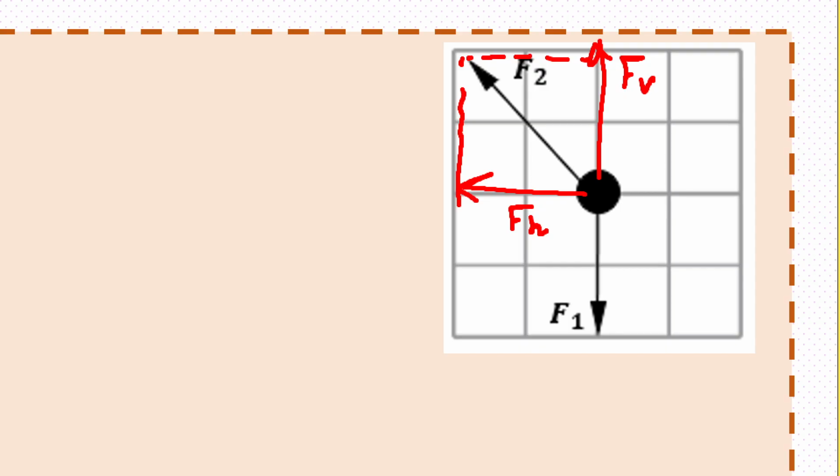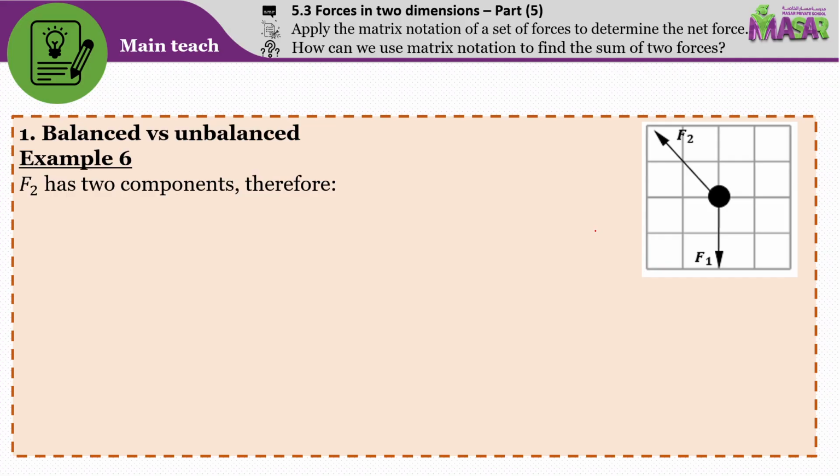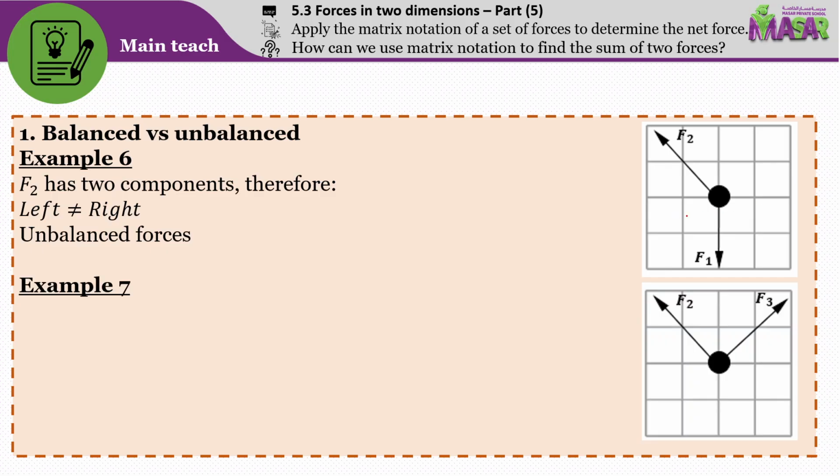We can see here that down is equal to up, because up consists of two squares, and down consists of another two squares. However, for the left and right, we have a horizontal force to the left, but there is no right-hand force. So right does not equal left, which means horizontally we have unbalanced forces.